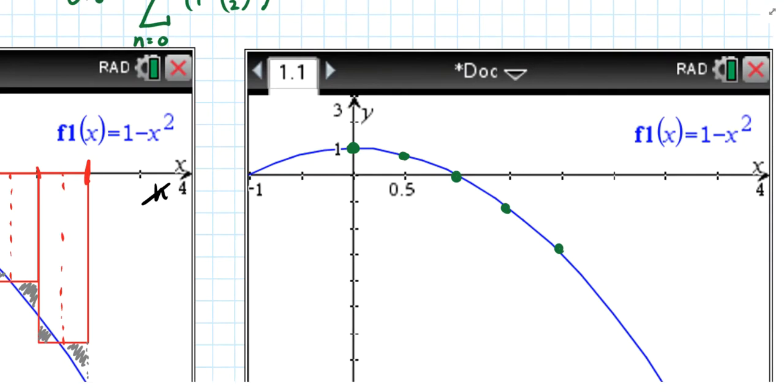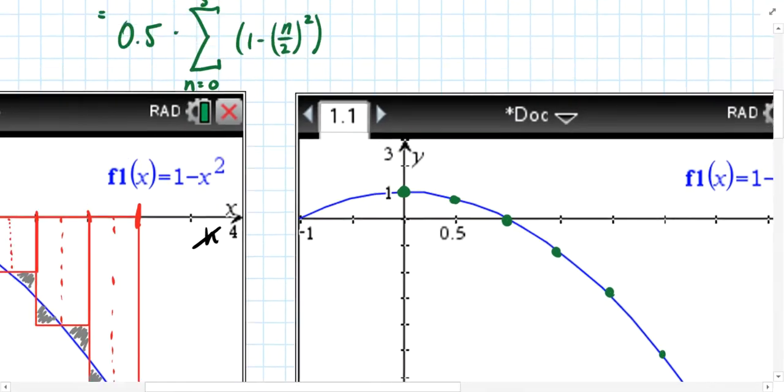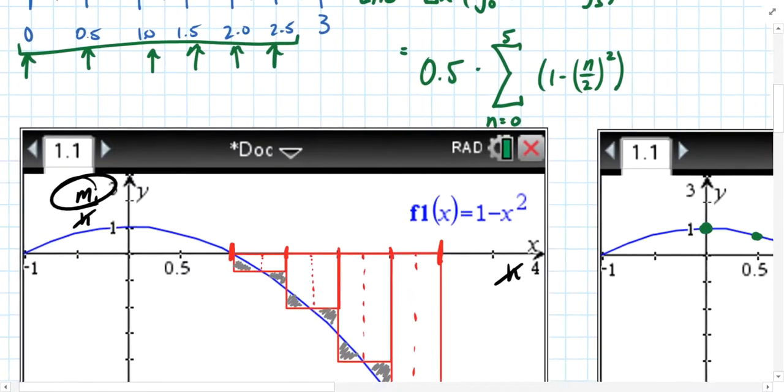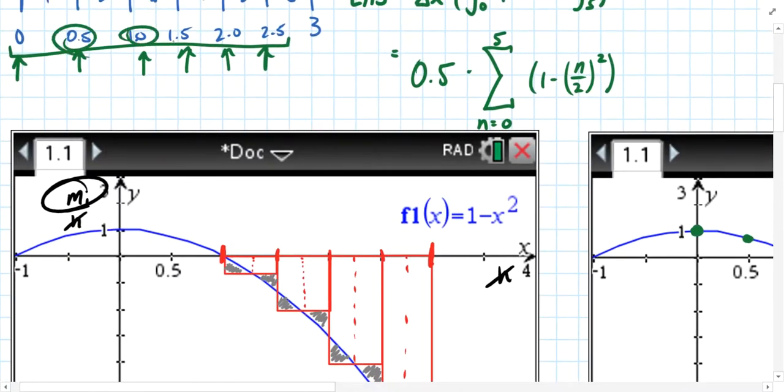And I'm essentially creating the left-handed boundaries for these rectangles. So again, n divided by 2 was just the technique used to establish each of these x values that were then squared inside of the function. And certainly I would expect you to be able to repeat this on paper with a simple calculator if you needed to. Even if you didn't use the summation notation, you should be able to account for this.